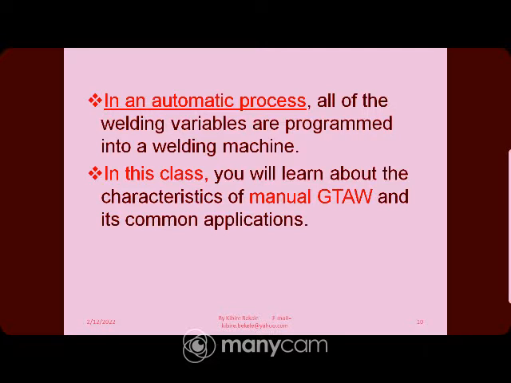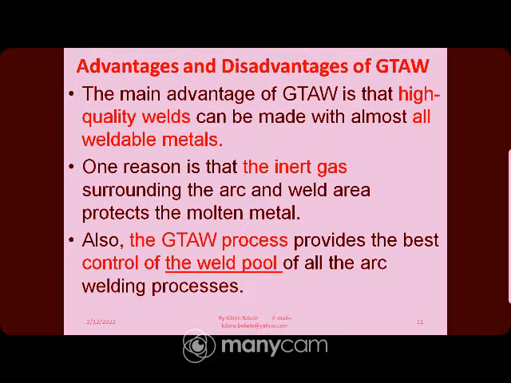In our class, it's important to discuss the characteristics of the manual gas tungsten arc welding process and its application. The important point is selecting a process from all the arc welding processes, depending on what we can select the gas tungsten arc welding. So it's important to understand the advantages and disadvantages of the gas tungsten arc welding process. Why do we select it?